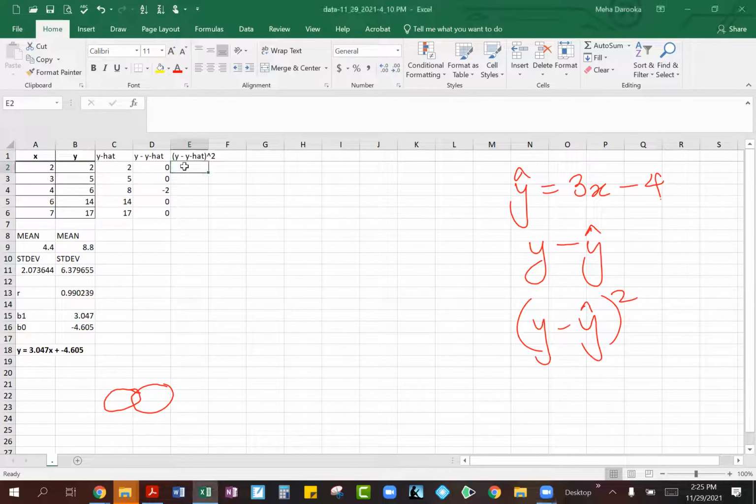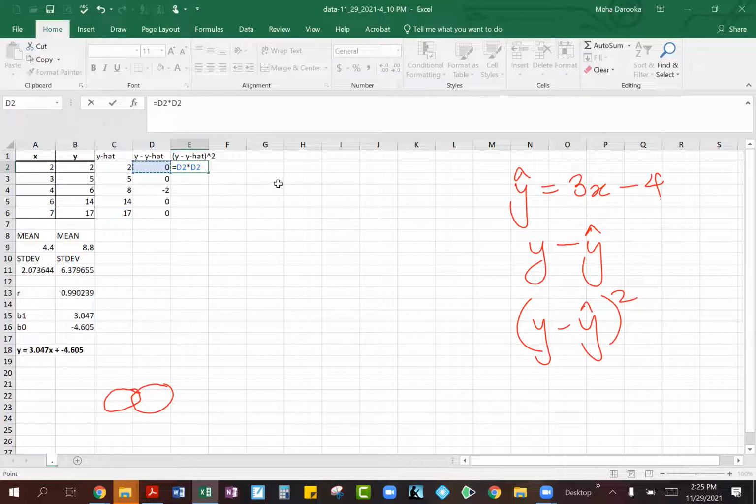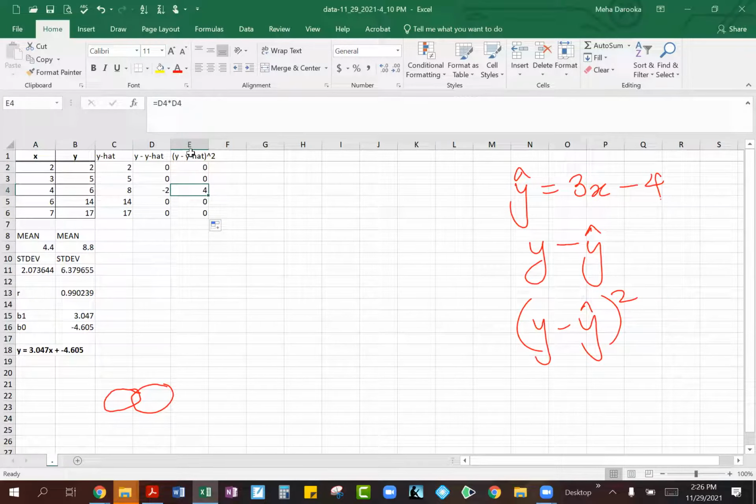And this one has a bunch of zeros, but that's not always going to be the case. So take the number, multiply it into itself. So literally just that column of Y minus Y hat, you're taking those numbers and multiplying them into themselves. All the zeros will be zeros, but -2 times -2 will give you 4. So this is the square of the residuals.